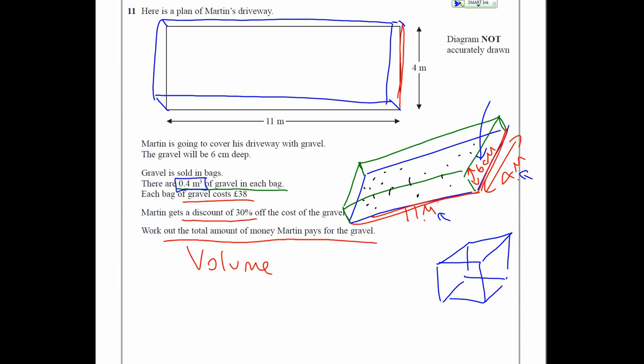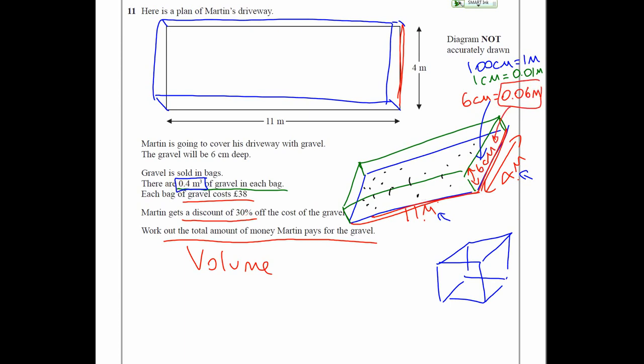So let's keep our units as meters. 100 centimeters make 1 meter. You should all know that. If not, you need to learn it. So 1 centimeter divided by 100 is 0.01 meters. So 6 times by 6 centimeters is 0.06 meters.